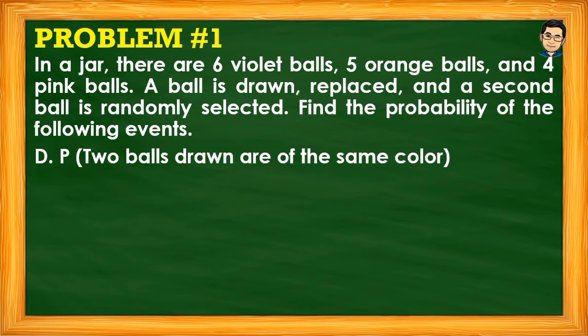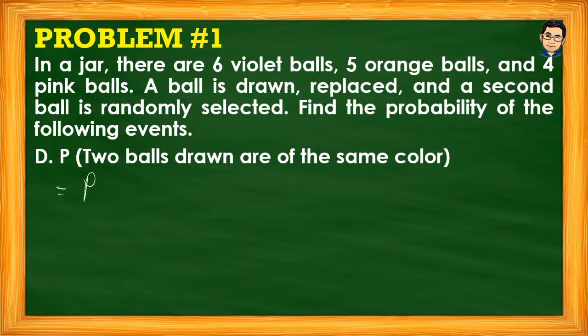So, for letter D naman, find the probability that the two balls drawn are of the same color. Okay. So, dito, kailangan lang natin kunin yung probability na dalawang violet balls ang mabunot, dalawang orange balls yung mabunot, tsaka dalawang pink balls yung mabunot. Tsaka natin i-add yung kanilang probability.